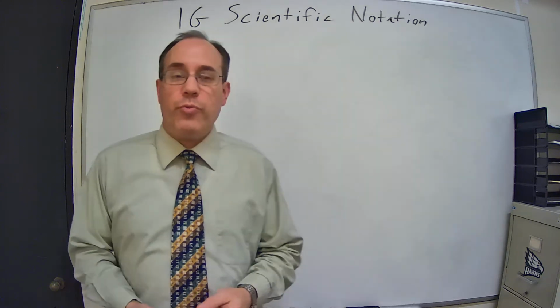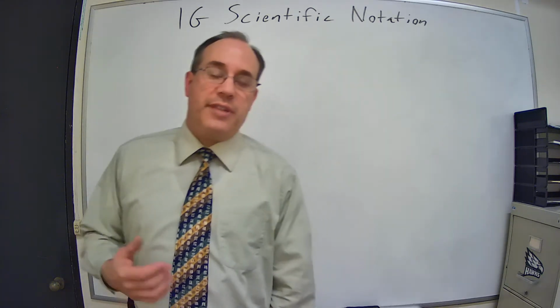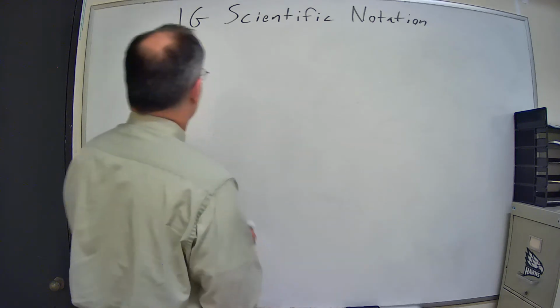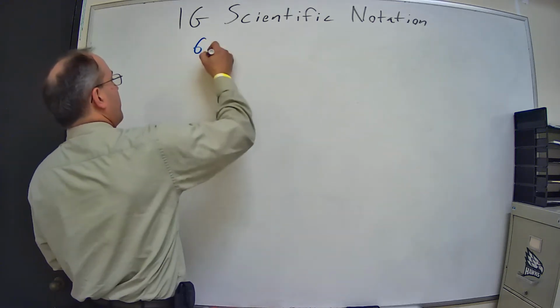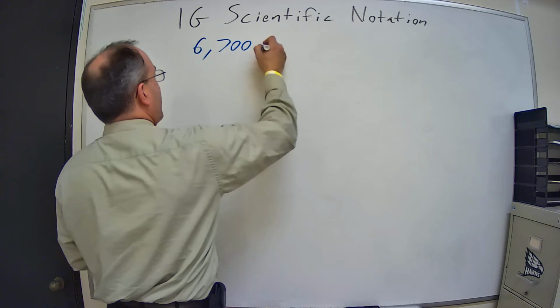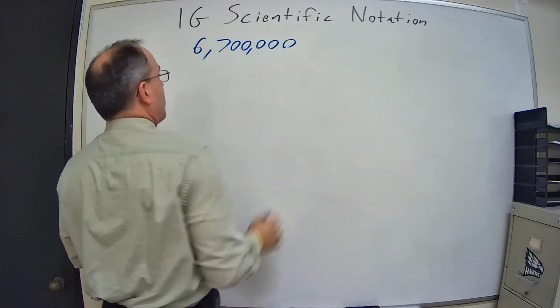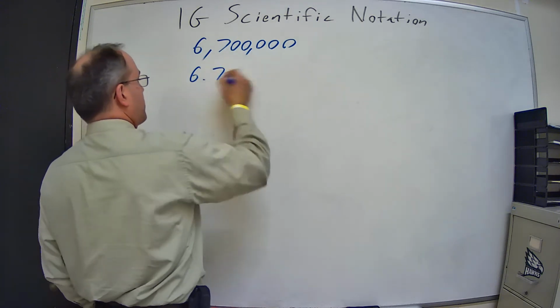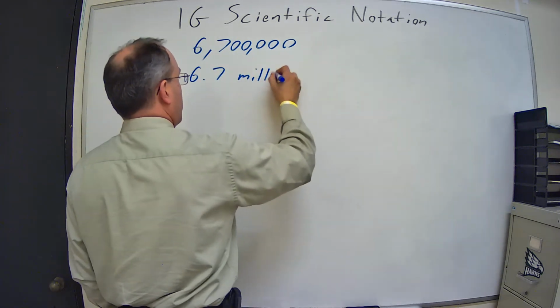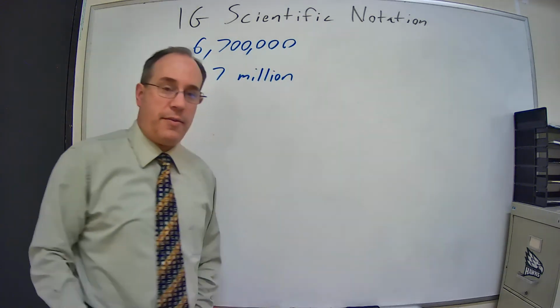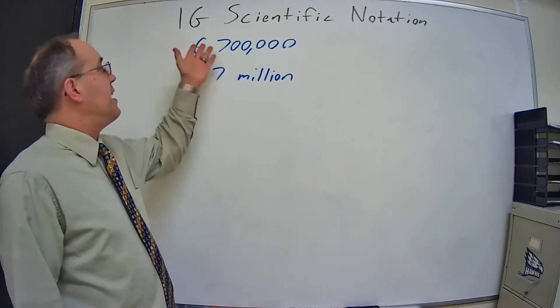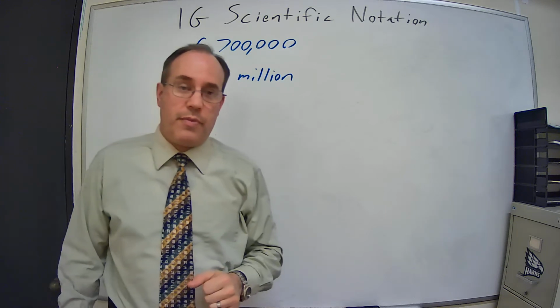If you remember when we were talking about decimals in large numbers, we said we could take something like 6,700,000 and rewrite that as 6.7 million. So this was a way to abbreviate large numbers.